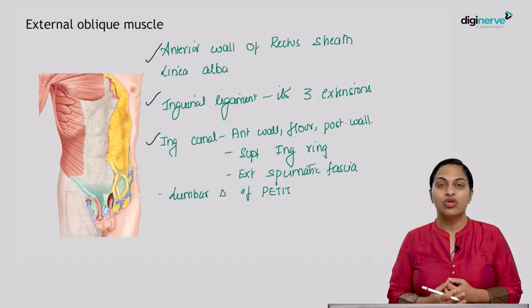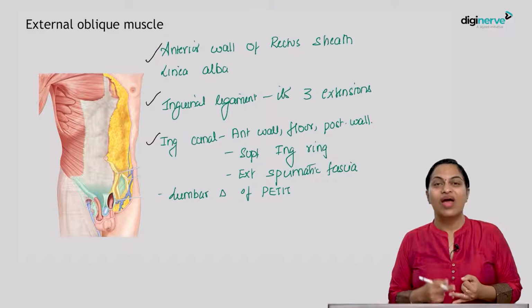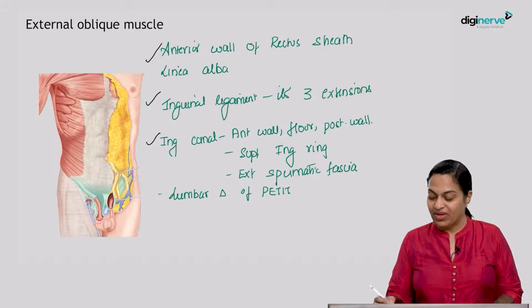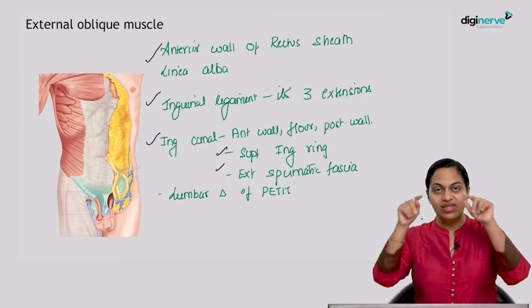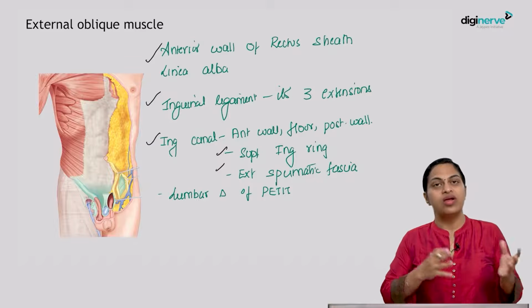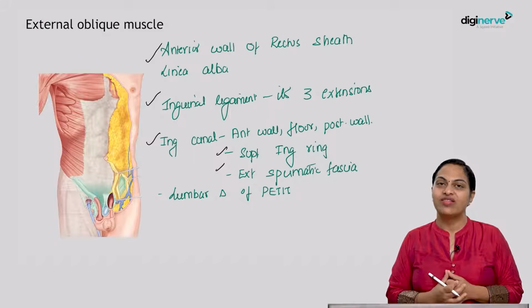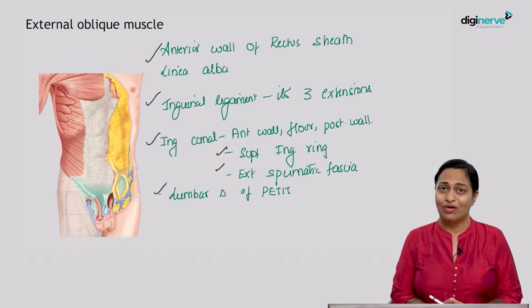Then in relation to the inguinal canal, it contributed to the anterior wall, the floor and the posterior wall. And the defect in the external oblique aponeurosis, the superficial inguinal ring, forms the outlet of the inguinal canal. From the margins of it, we get the external spermatic fascia, right? And of course, one of the boundaries of the lumbar triangle of Petit.